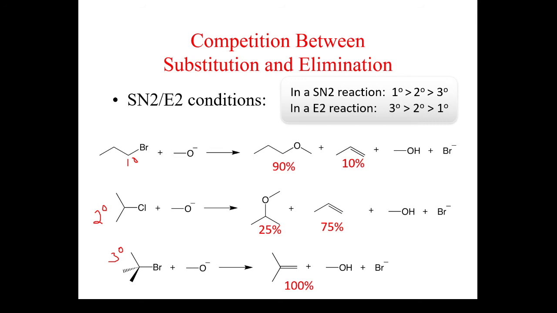If I'm primary and I'm in SN2, E2 conditions, the majority is going to be SN2. We're going to do substitution as the major product, while elimination is going to be the minor.